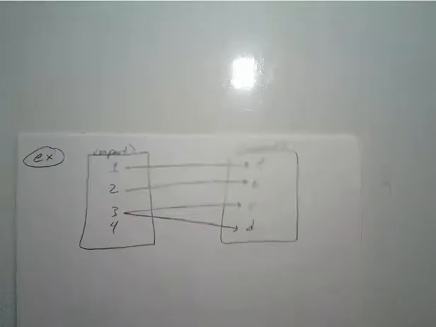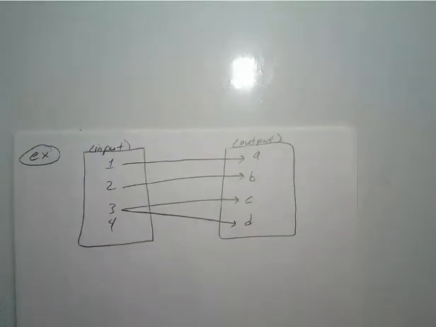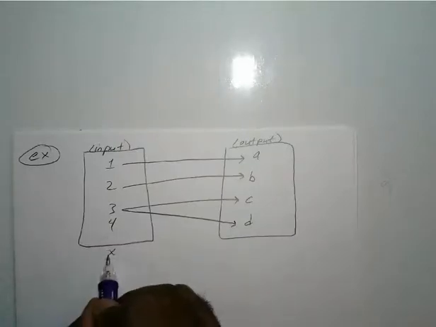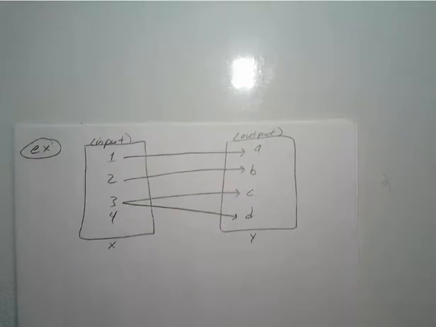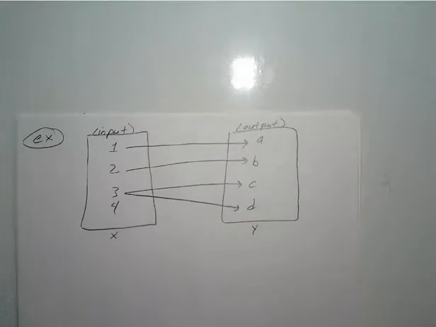Now, does this graph represent a function? Remember, your input is like your x values and your output is your y values. To be a function, each x can only have one y value.